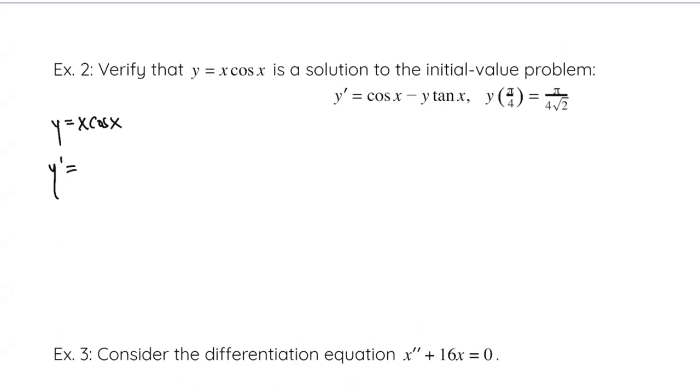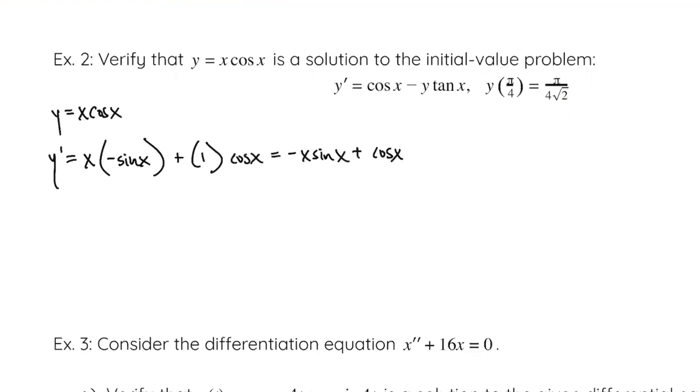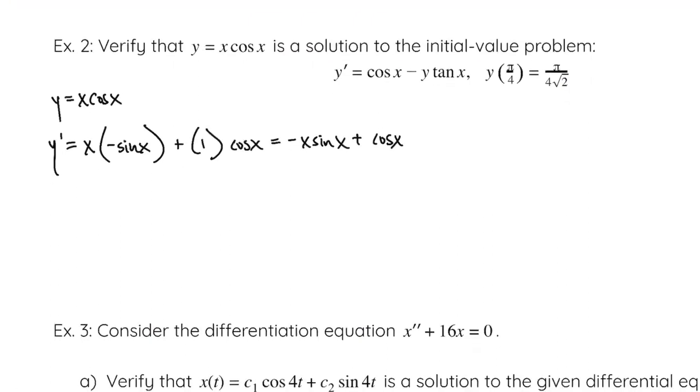So we'll get x times, what's the derivative of cosine x? Negative sine. Yeah, negative x sine x, good. Plus 1 times cosine x, which will give you this.